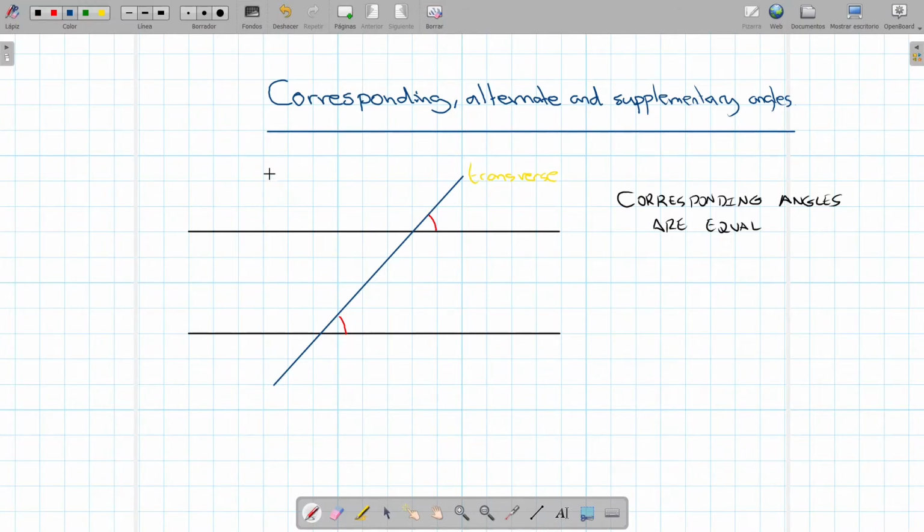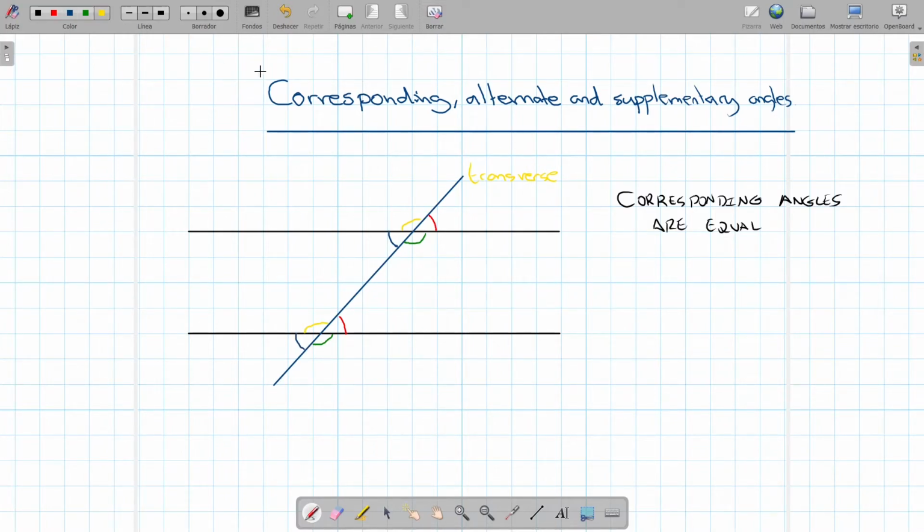So again, you have more corresponding angles. This angle over here is the same as this angle over here. And you can see that this angle over here is the same as this angle over here. And this angle over here is the same as this angle over here.